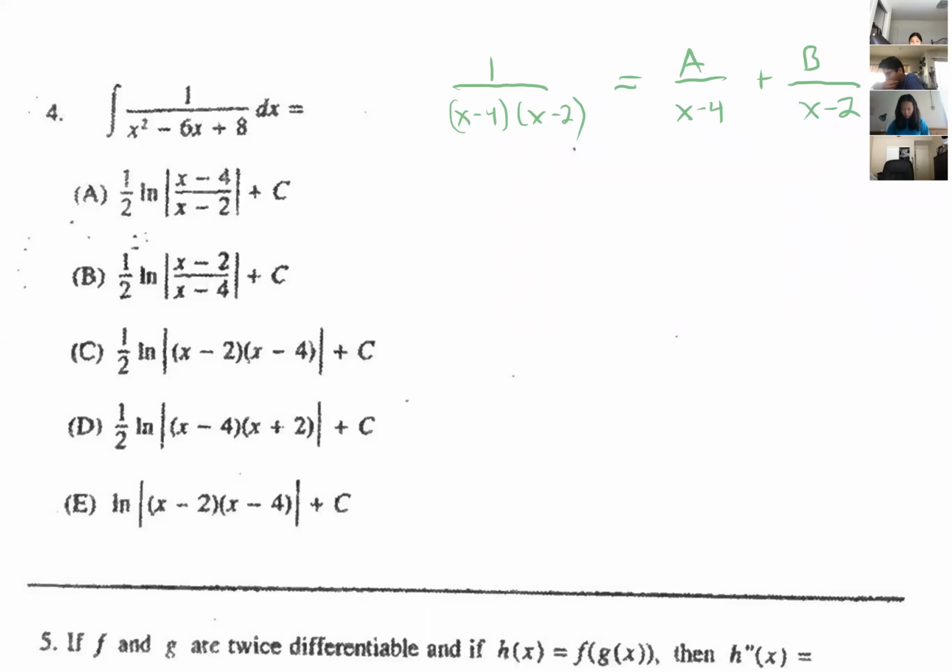So I'm just rewriting this fraction as the sum of 2 fractions. This will allow me to integrate it. So if you want to solve for a, ask the question, what number makes the denominator under the a equal to 0?